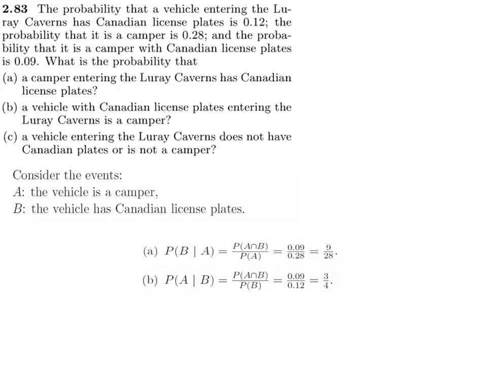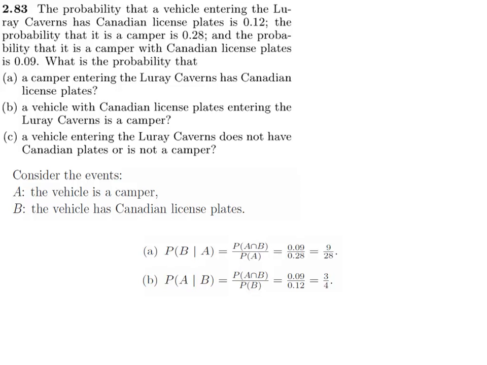So again, A and B. But what happened? This is null, right? So you want to find this for those events. So that makes A intersection B. That's one portion.